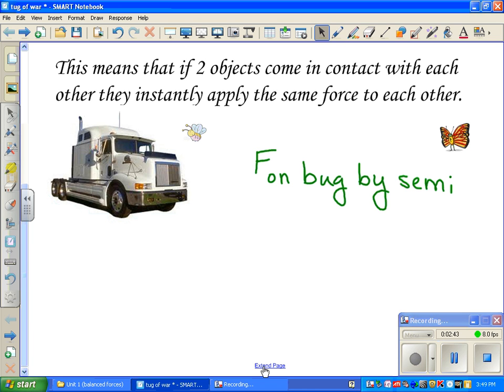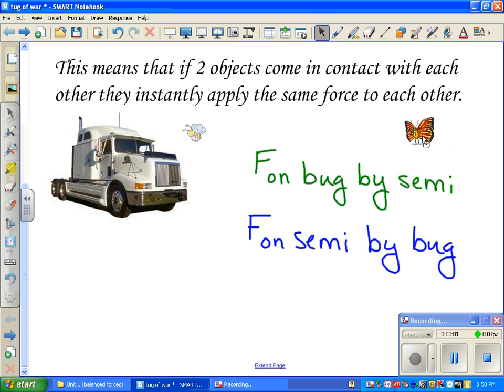Well, we also would say, I'm sorry, Mr. Semi, what happened to you? Well, I had a force act on me, the semi, by a bug. So pretty much, we've got these two things.